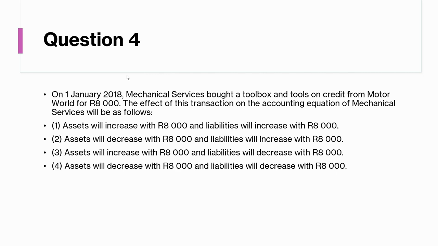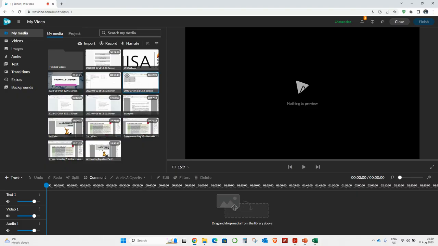On this question, I want to open my Excel so that I can explain again how assets work, because here we bought tools and a toolbox on credit. Tools are assets, and we've already discussed that assets increase on the debit side. So if you're buying more assets, you will increase them on the debit side.